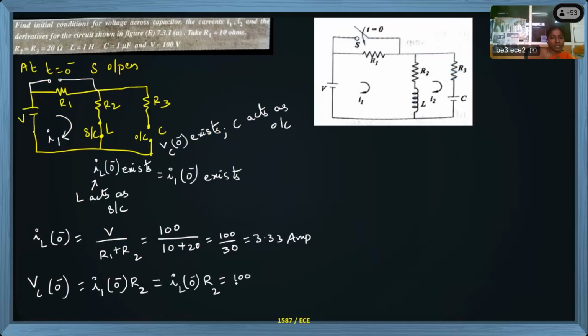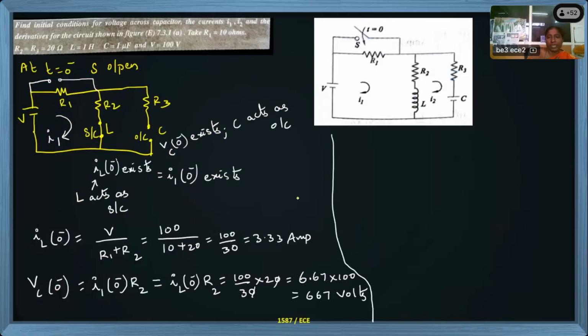So 100 by 30 is the value. R2 value given in the question is 20. So 10 will get cancelled. 6.67 into 100, which is nothing but 66.7 volts. Okay, this is about switch open.